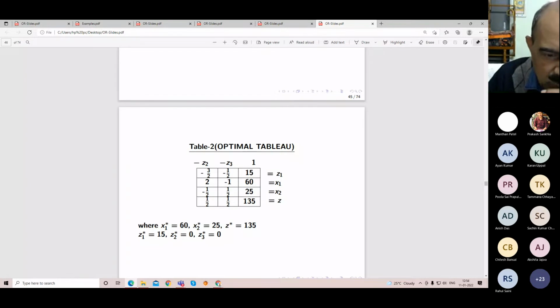This numerical value, there is a negative sign you are saying, instead of a positive sign. Which row? Tell me again. First row, second column. Minus 1 by 2 instead of plus 1 by 2. Okay, 1 by 2. But no other change.